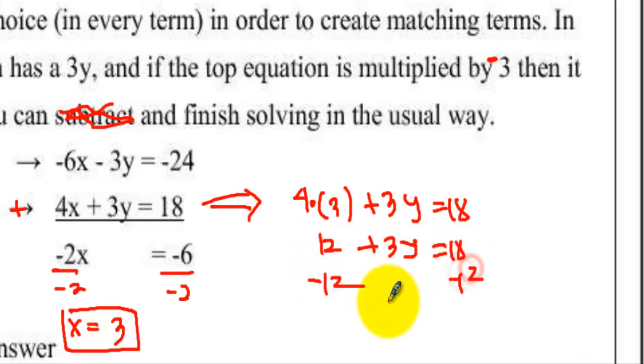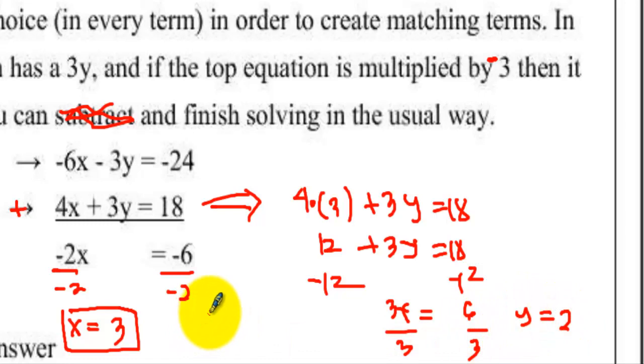Subtract 12, we'll get 3y equals 6. So divide both sides by 3, we'll get y equals 2. So our solution will be (3, 2). In this case, the system has a point of intersection, and that intersection is (3, 2). So we have one solution.